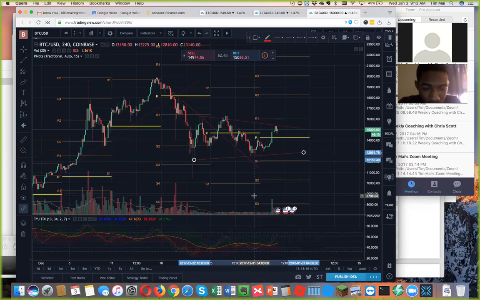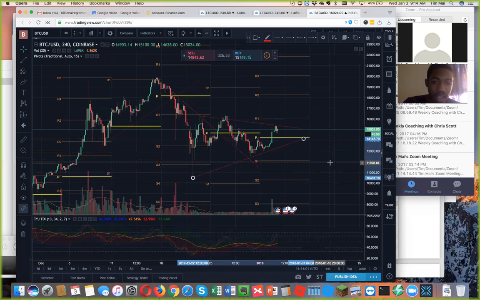Usually one of the better ways to do it is to catch the bottom of the wick. You see where you first drew it, right there? Drag that dot down to the bottom of that long wick, and then right where that other one is. There you go. What that does is it creates a bullish triangle. Typically, if it breaks out to the upside, because it can still be invalid, keep that in mind.